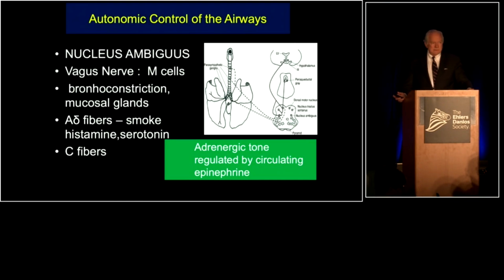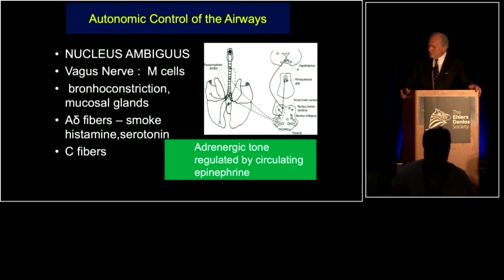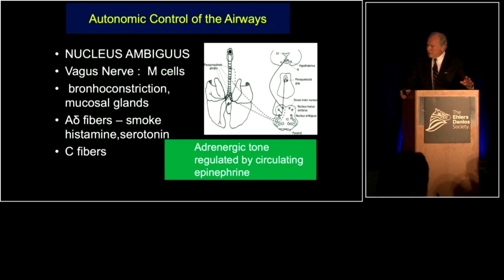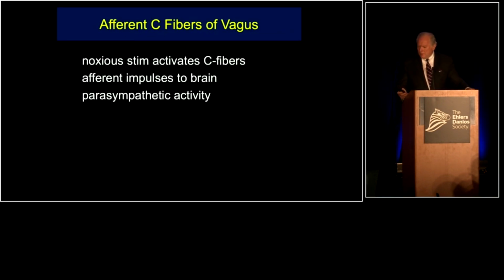Now, the airways are controlled also by the autonomic nervous system. The vagus nerve in particular stimulates these M cells to cause bronchoconstriction and mucus production, but they're controlled by two fibers, the A delta fibers, which are sensitive to smoke and histamine and serotonin, and also the C fibers.